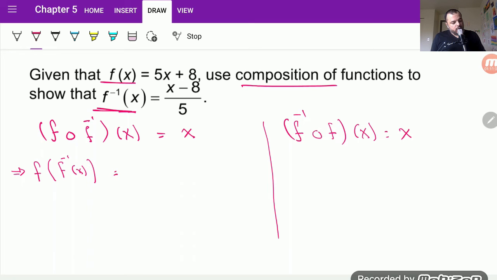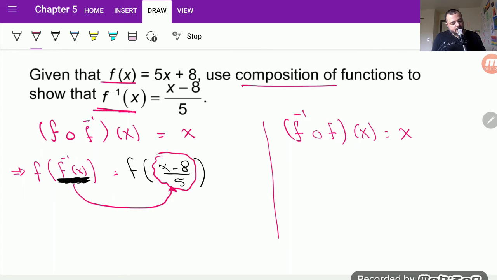Then I'm going to take this off and replace it by its formula. So f inverse of x is what? We have f already there, and what comes inside is (x minus 8) over 5. Look at this, this is f inverse.